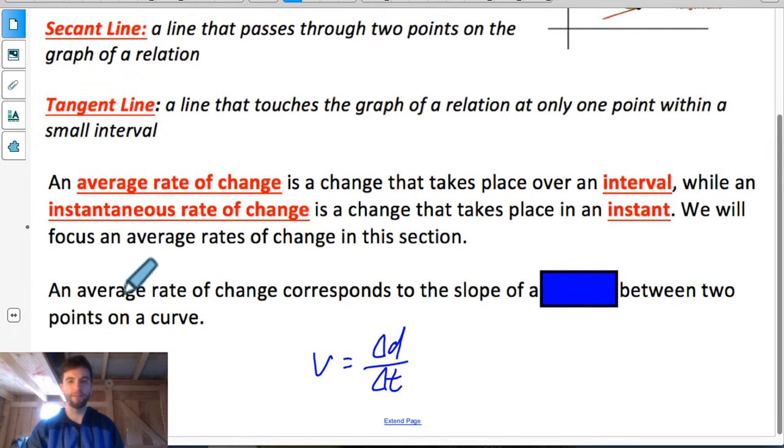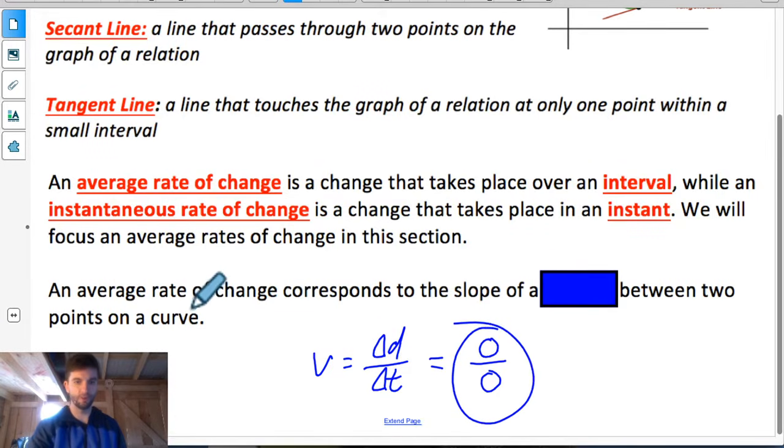How does your car know how fast you're going at an exact moment in time? If we wanted to calculate how fast you're going at an exact instant, well, what's the change in time at a single point in time? It's 0. And what's your change in distance at a single point in time? 0. So how do we evaluate an instantaneous rate of change when logically it should give us 0 over 0, which is undefined?